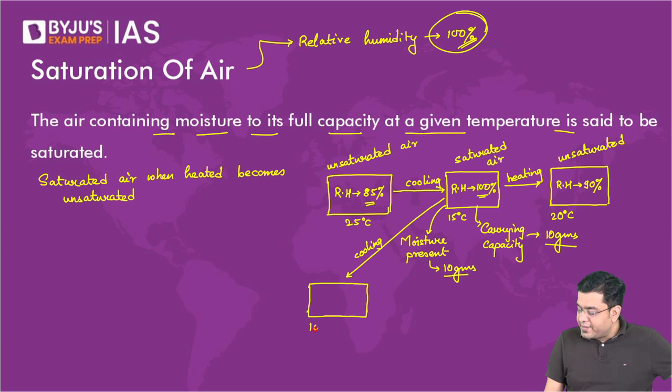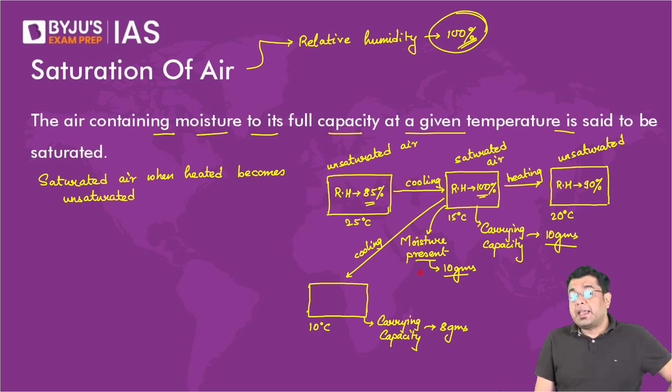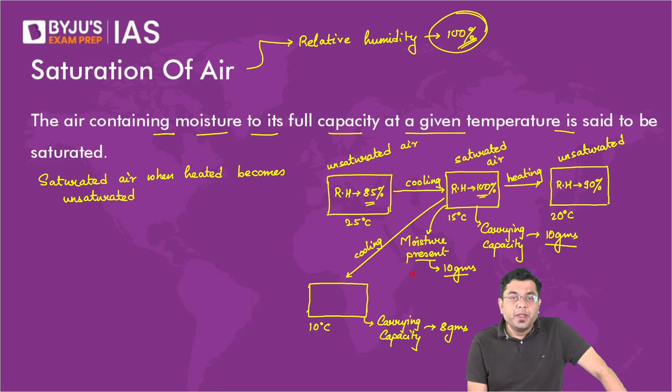In that case, the carrying capacity will also reduce. So let's say the carrying capacity is 8 grams, but the moisture which was present in the air was 10 grams, and the air can accommodate only 8 grams now. Why? Because the carrying capacity has reduced.